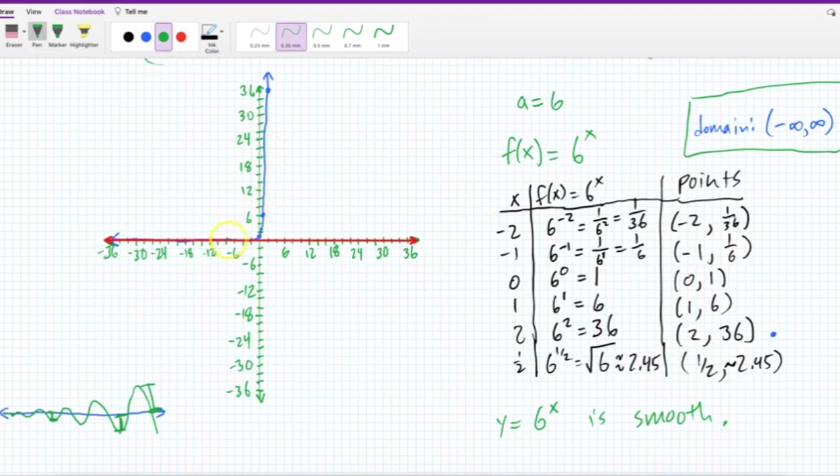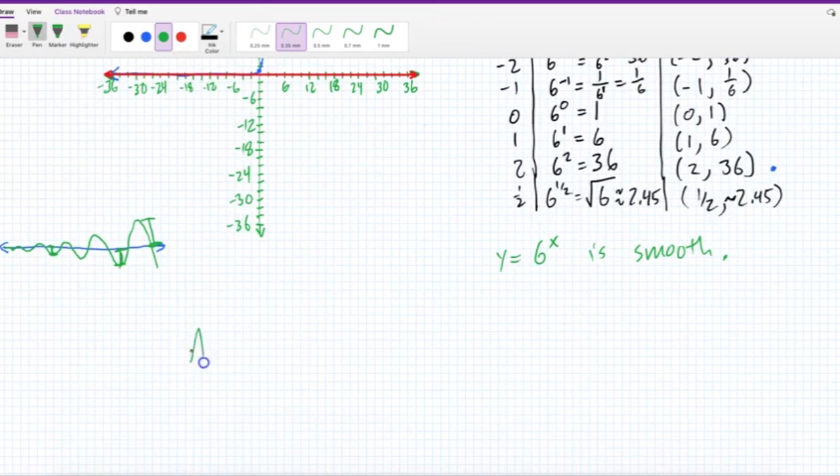So in this case, and in the case of our function f of x equals 6 to the x, as x approaches negative infinity, f of x approaches 0. So let's write that down. Approaching negative infinity just means getting infinitely negative, right?